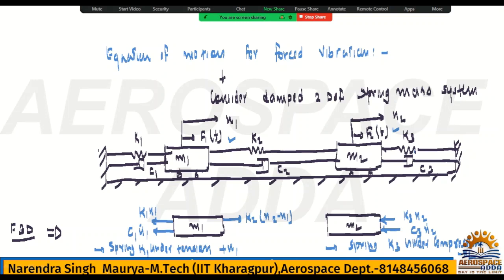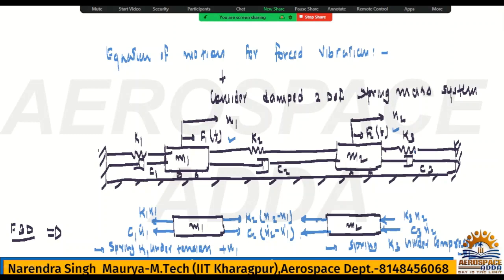Similarly, here the damping force, which is nothing but C2, will be x2 dot minus x1 dot. And this force and this force will be the same, yes or no? This force and this force will be the same.